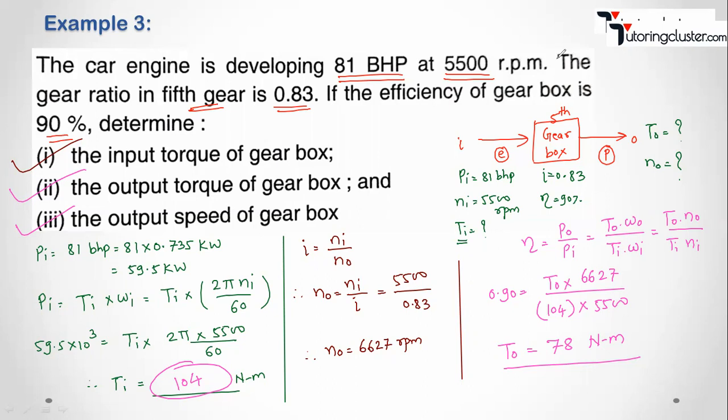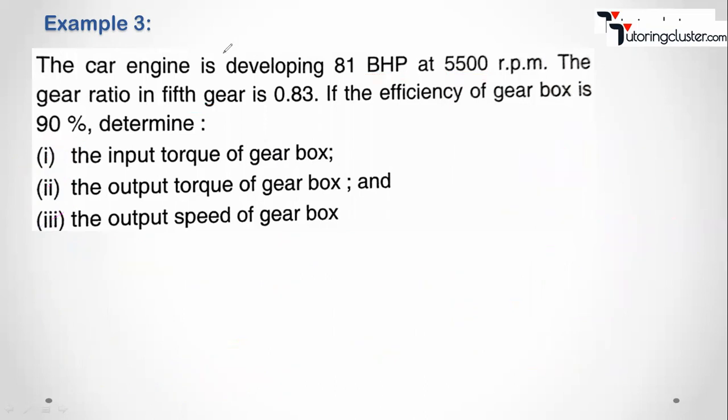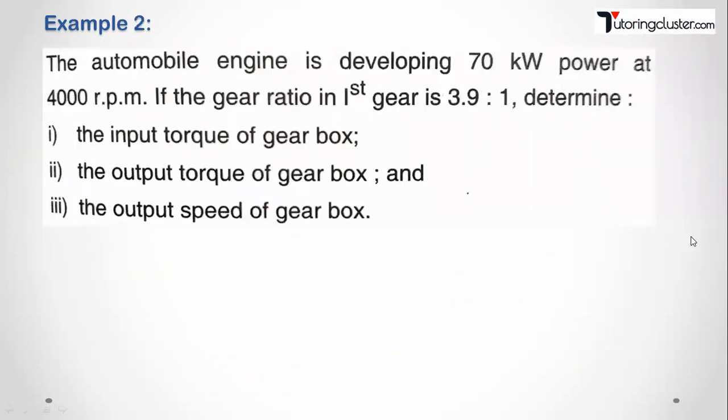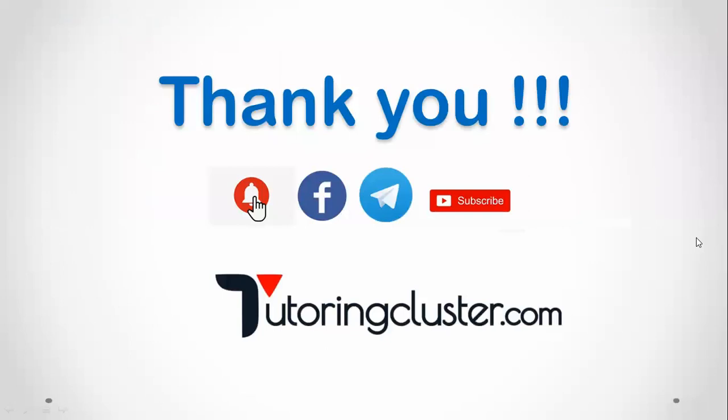Then different types and the synchronous gearbox, basically it is used in cars, that you have to remember. How to calculate the gear ratio and power transmission capacity. So maybe a simple numerical may come based on these formulas, right? I hope all the points are now clear related to gears and gearbox.